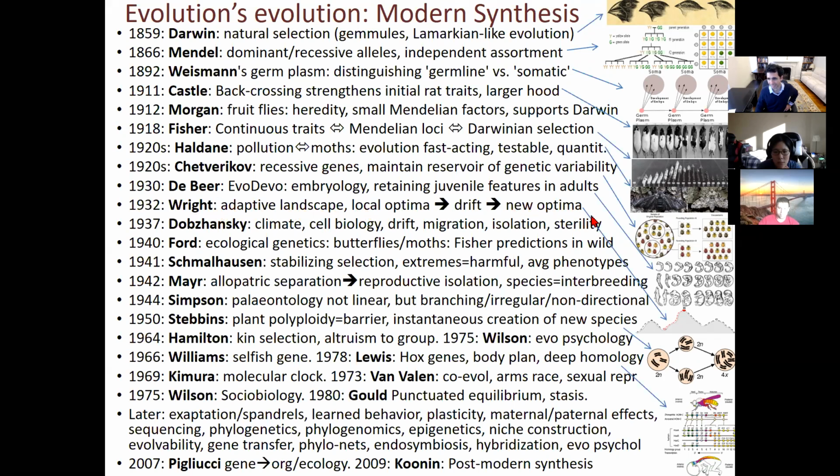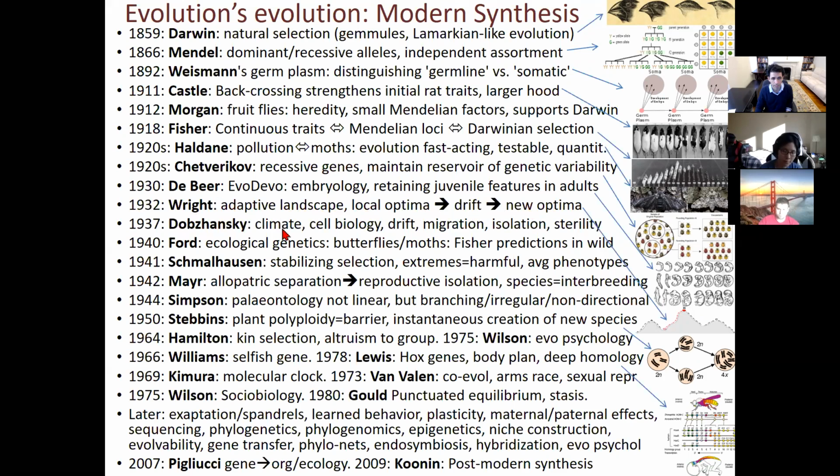Wright talked about this adaptive landscape and how we can move into local maxima and local minima, and how drift can in fact take you from one local optimum to another local optimum that perhaps might be inferior, through neutral evolution.